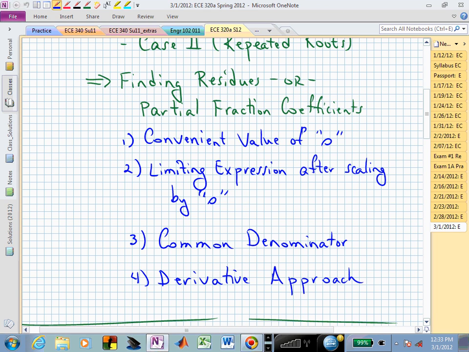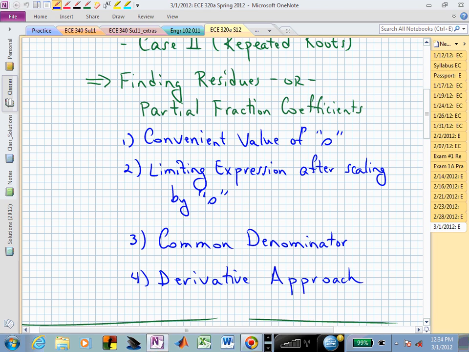Then the second one that we will talk about, and these will become more clear when we get into those, is looking at a limiting expression. After we multiply both sides by s, let s go to infinity. That will allow things to be identified that hopefully we can then isolate the unknown coefficient from that information. You can also find all of these partial fraction expansion coefficients by using the third technique, which is a common denominator technique, and we'll illustrate that.